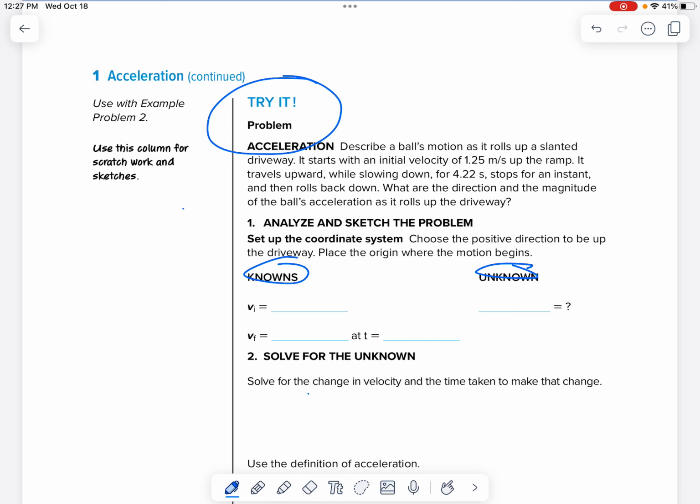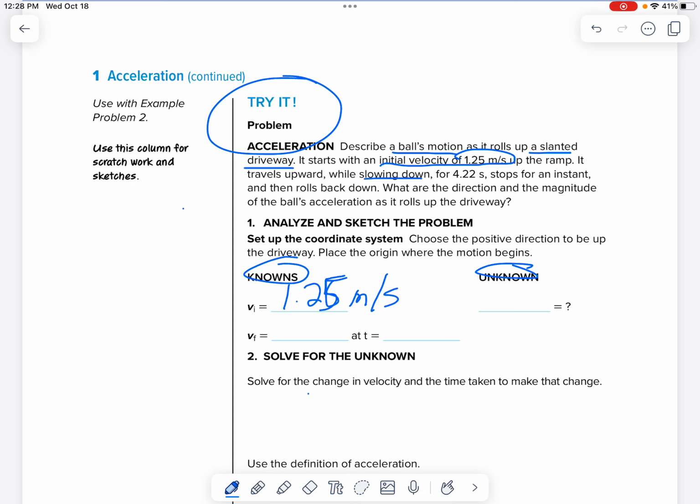In this problem, it's talking about a ball's motion, and it is being rolled up a slanted driveway. The initial velocity is 1.25 meters per second. Let's write that down, 1.25 meters per second. Okay, and it travels upwards while slowing down.